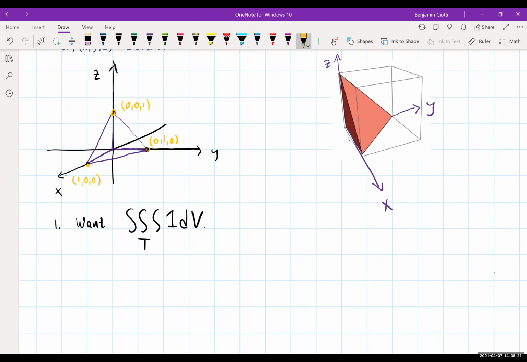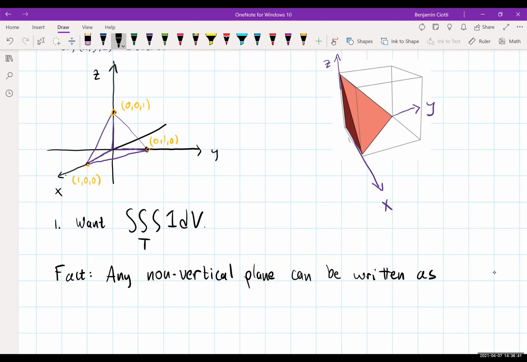Let me give you a useful fact about planes, at least non-vertical planes. Any non-vertical plane can be written as z equals a plus bx plus cy.